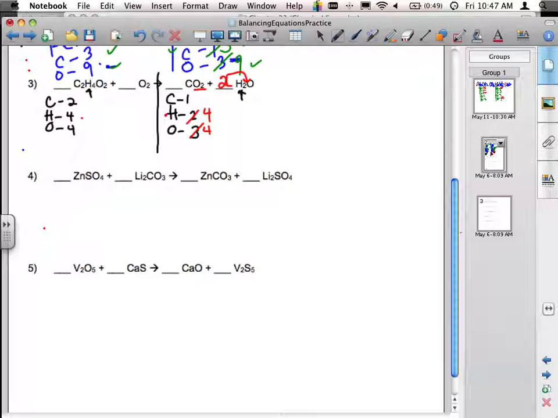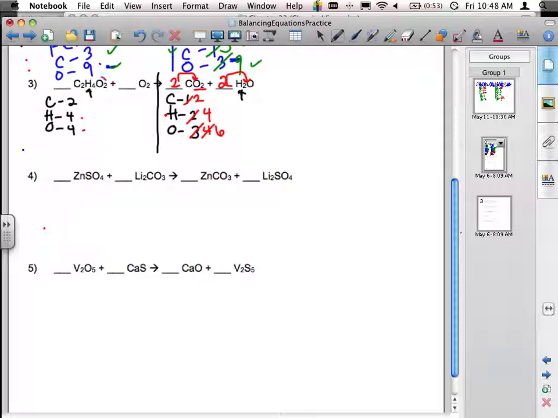Carbon is not. The only way that we can change carbon is if we put a 2 in front here. So now it changes my carbon to 2, but it's also changing my oxygen again. 2 times 2 is 4, plus an additional 2 here is 6. So I have to go over to my reactant side and figure out how I can get my oxygen balanced.